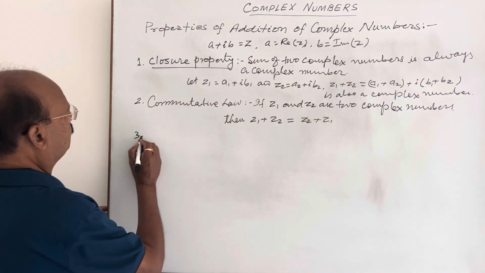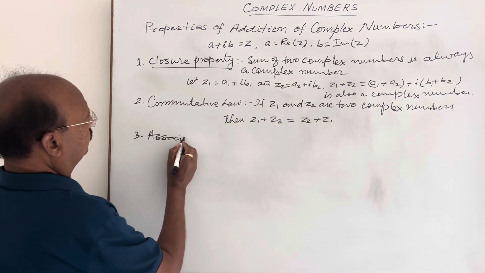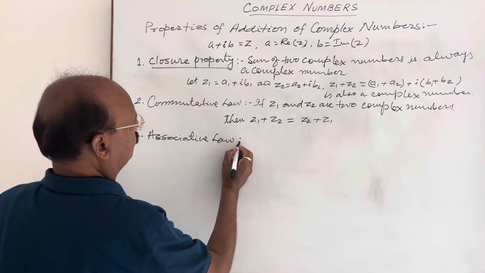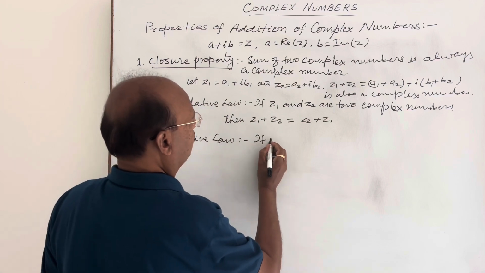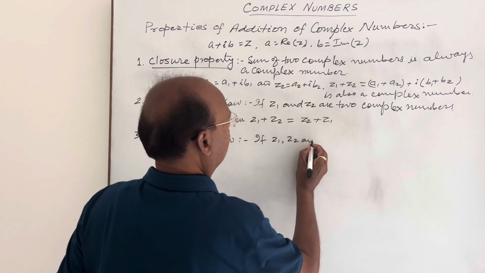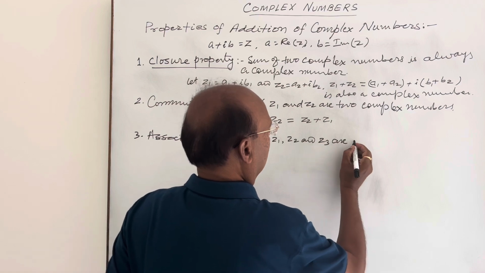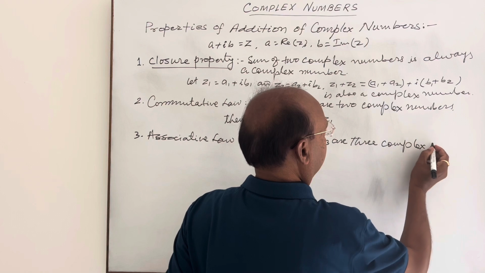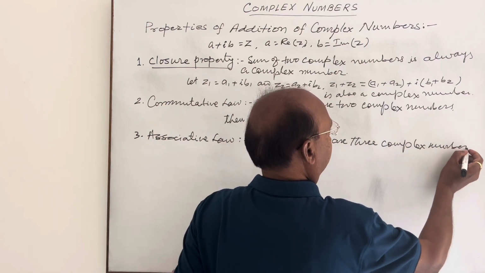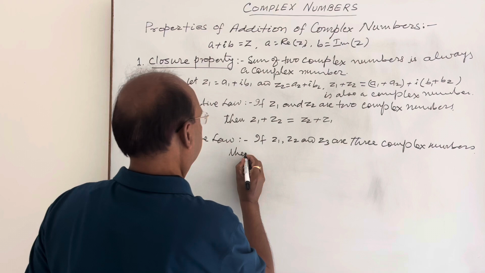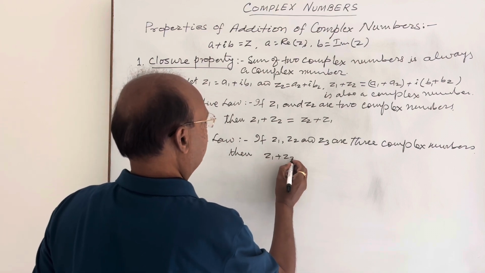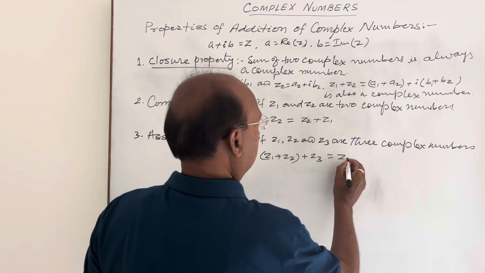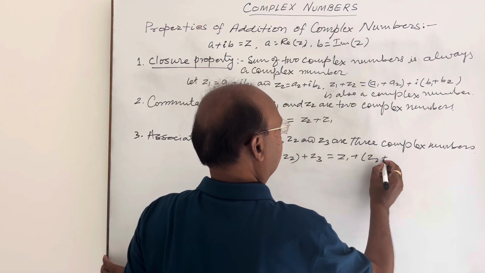Next, the associative law. If z1, z2 and z3 are three complex numbers, then (z1 plus z2) plus z3 is equal to z1 plus (z2 plus z3).